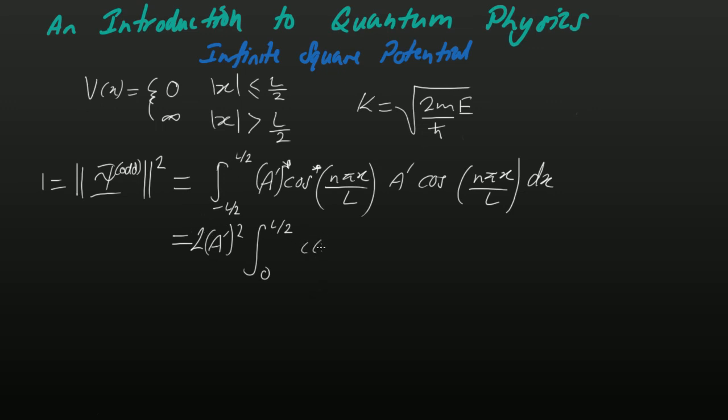Everyone knows this magic trick. Cos squared n pi x on L dx. And then, so that's A prime squared on half when we do the trig thing, but that cancels with that 2 L on 2.